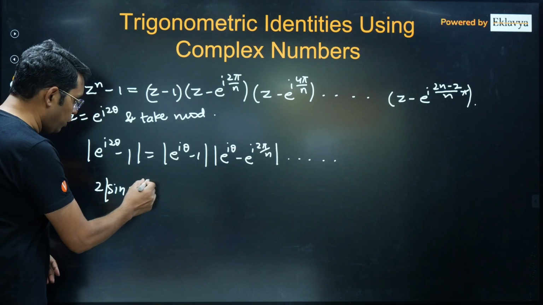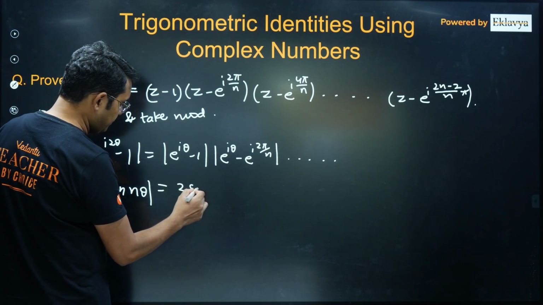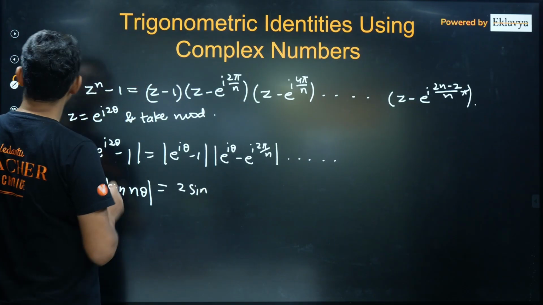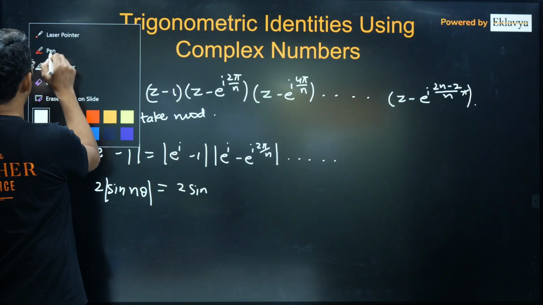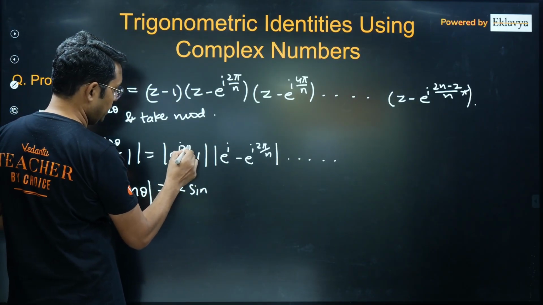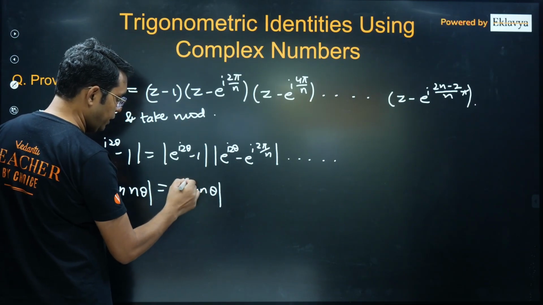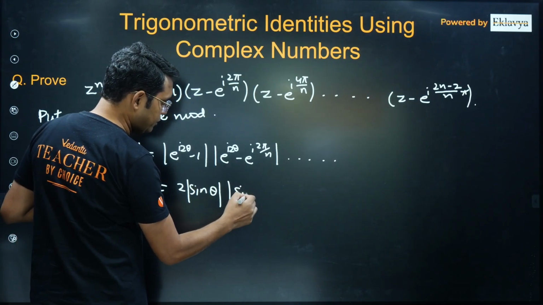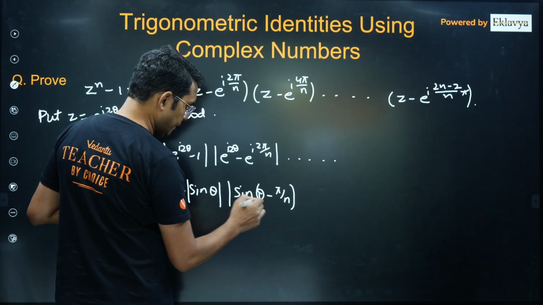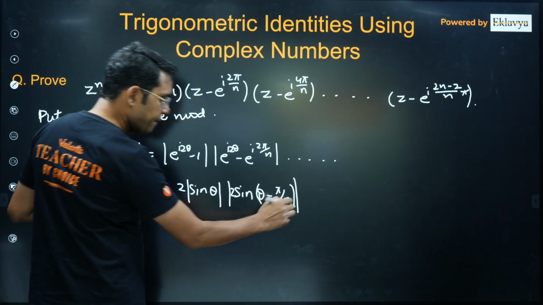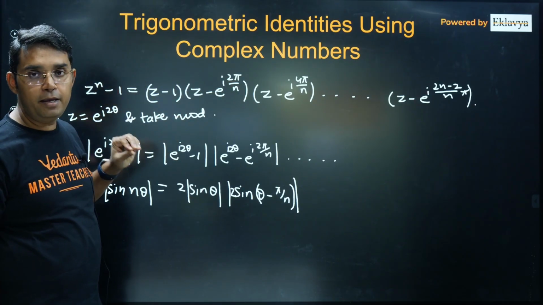In fact, you can put mod on sine also here. I think I have made one mistake here, not theta, it was 2 theta. So this will become 2 sine theta. This will become sine theta minus pi by n with 2 also here. The mod of this would be 2 sine theta minus pi by n.